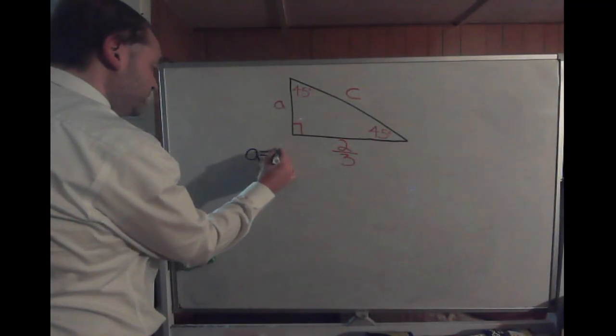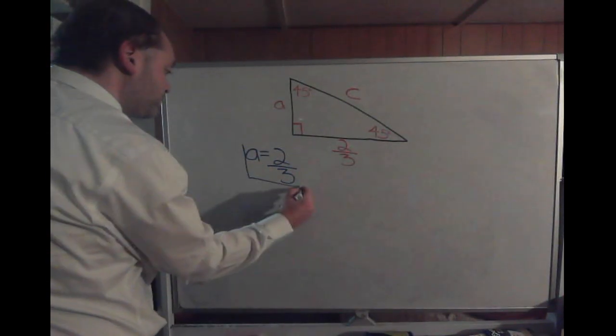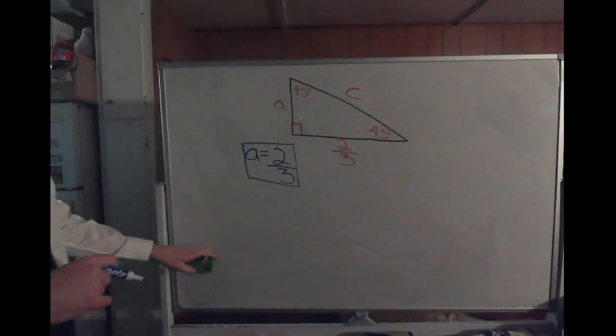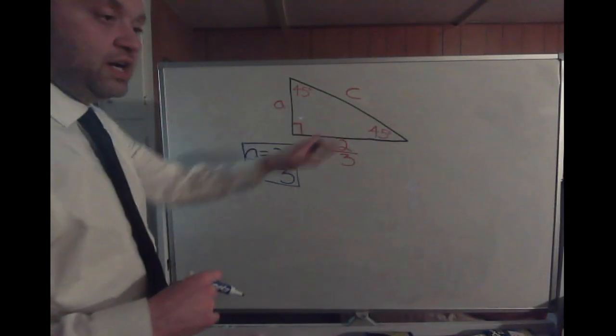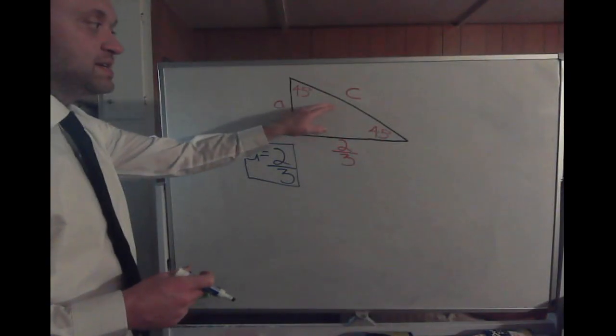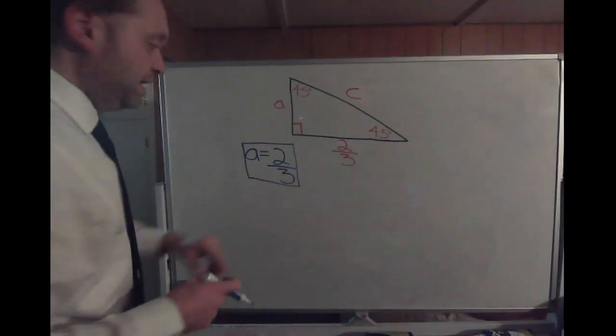So A is going to be equal to 2/3, right? Okay. Again, apply your isosceles triangle theorem, because if you have two identical angles making this an isosceles triangle, then the other leg will be the exact same length.